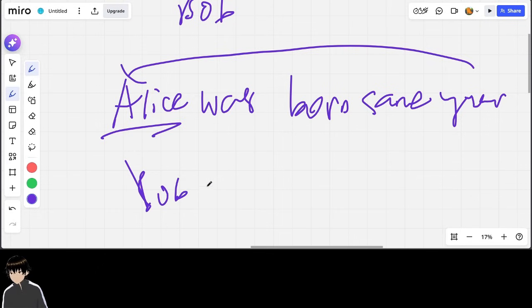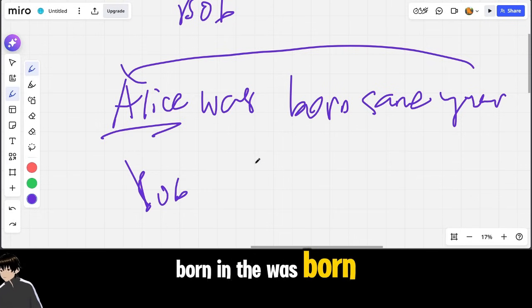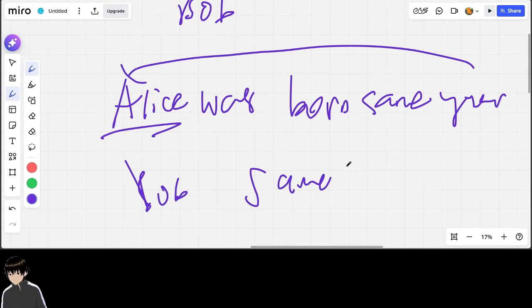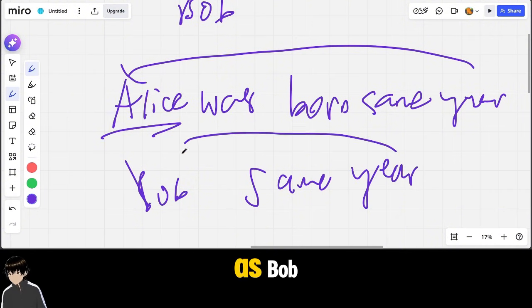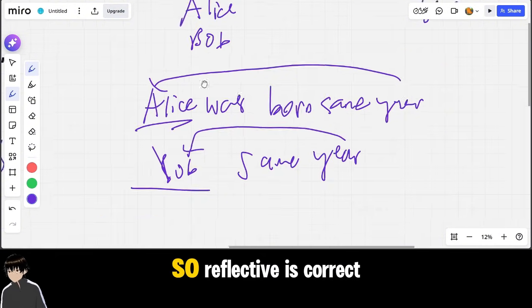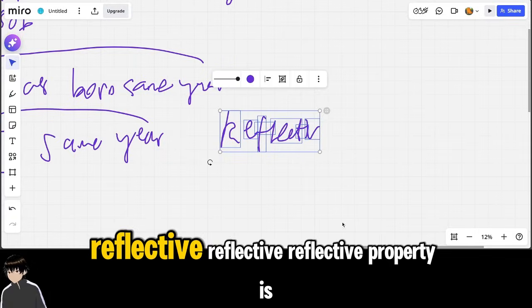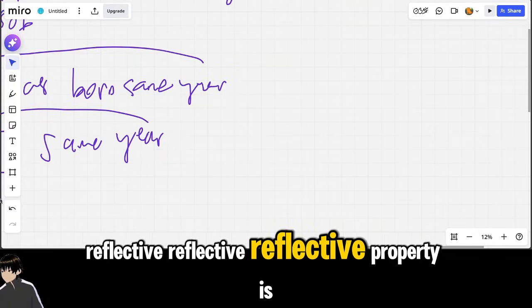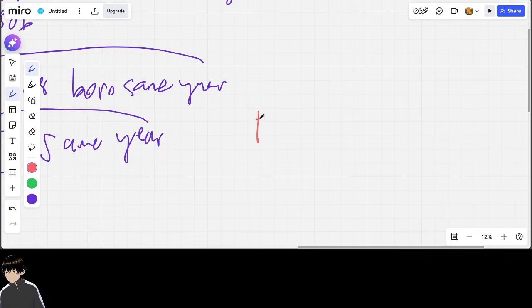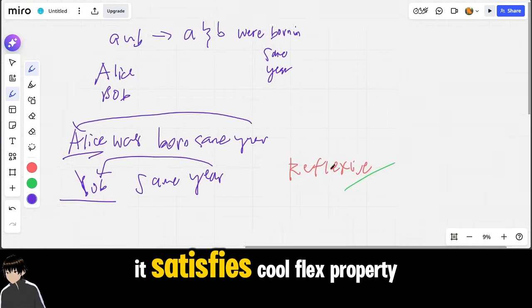Bob was born in the same year as Bob. So reflexive is correct. The reflexive property is correct. It satisfies the reflexive property.